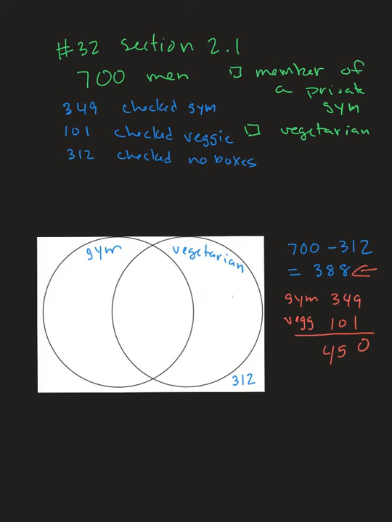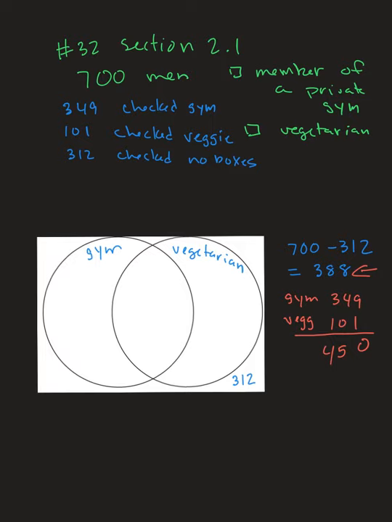And the reason is because some of those people get counted twice. The people that are in here get counted twice, right? Because gym includes the people in the middle and the people here. Vegetarian includes the people in the middle and the people here. So that kind of gives us the answer to how many people are in the middle. It should only total 388, but since the middle people got counted twice, it's totaling to 450.